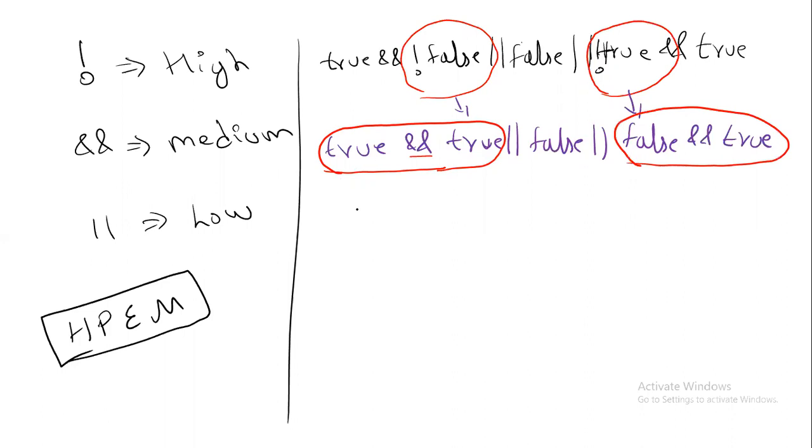True and true is true. If both the inputs are true, then the output is true. The other operator is or, as it is, false, or. What is false and true? False and true is false. So we have removed that also.